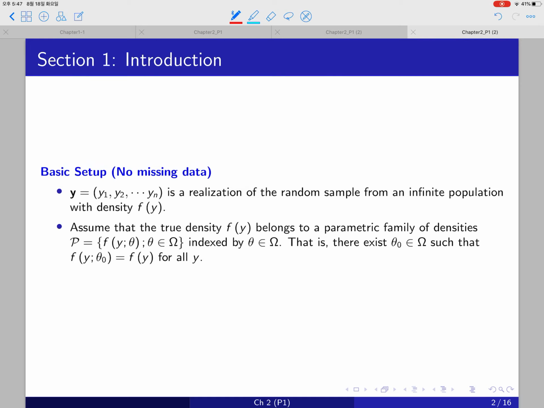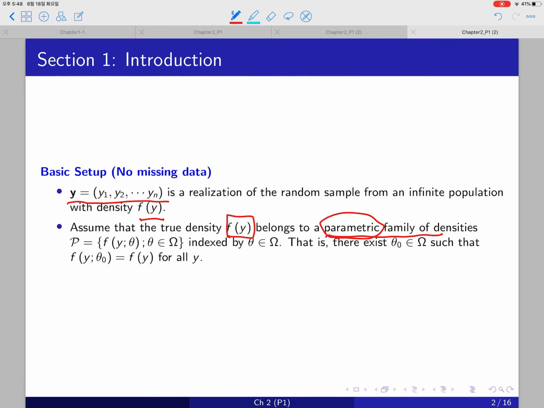We observe data. This is data, and this is an independent realization of a random variable with density f_y, and this density belongs to a parametric family. So what do we mean by parametric?